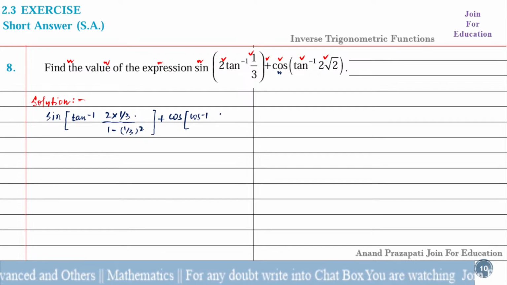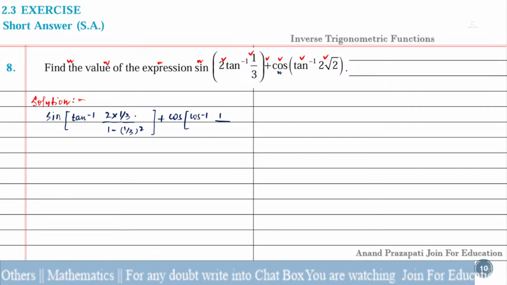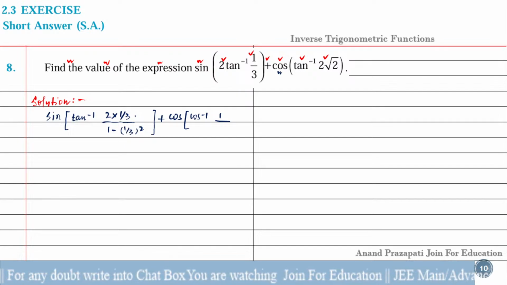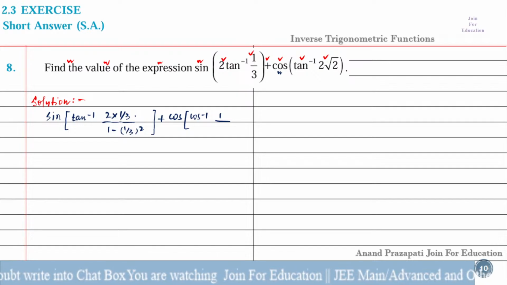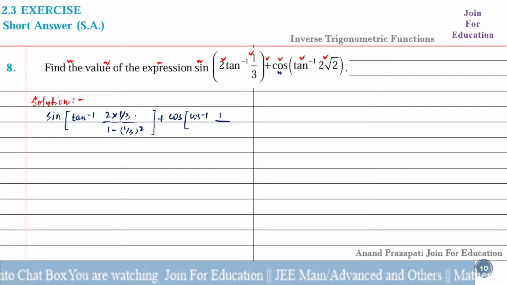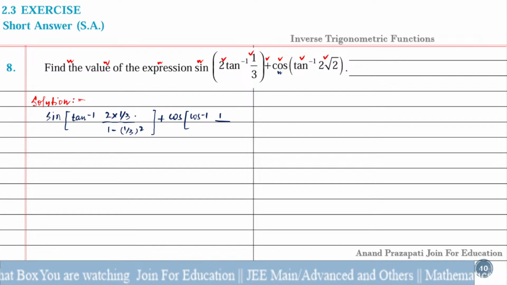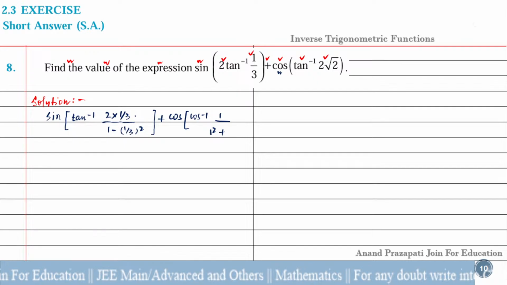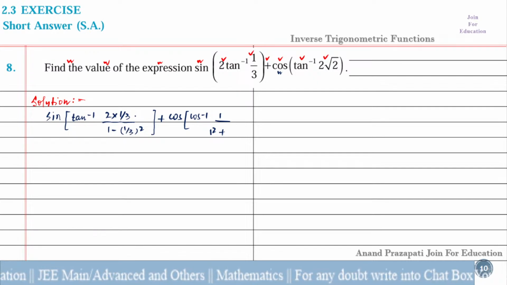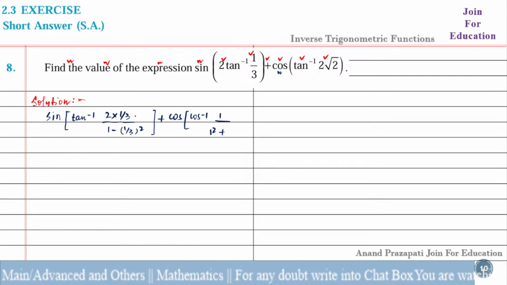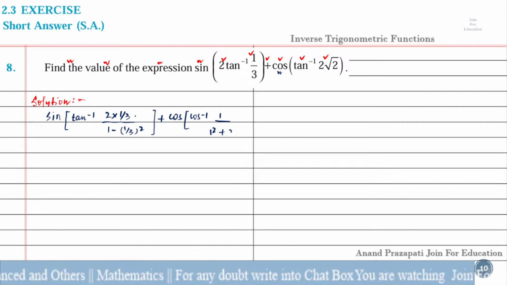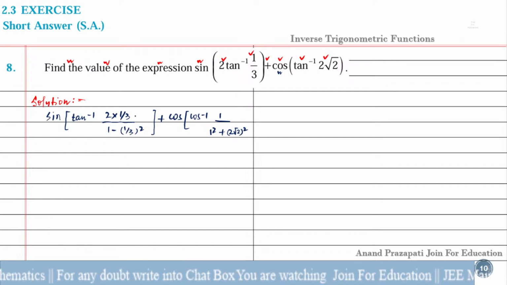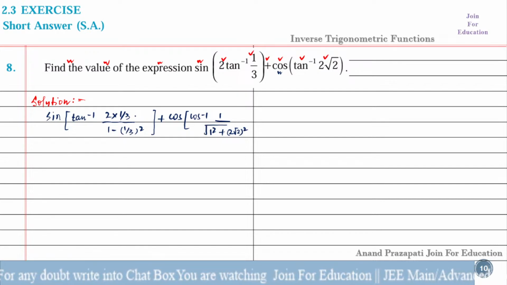So we write down here 1, and b is 1, and we find out h equal to root of p square plus b square. So here will be 1 square, and square of 2 root 2 equal to 8. So we write down here (2 root 2) square, okay, over root.